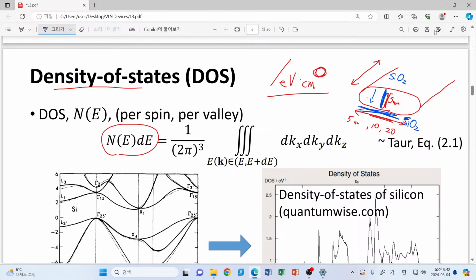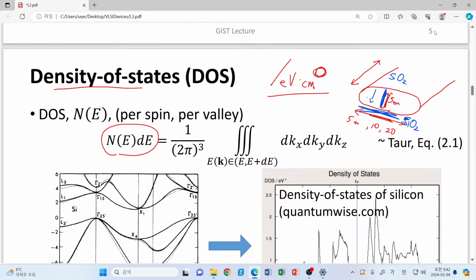So in current silicon manufacturing technology, we cannot expect this three-dimensional description. We have to consider that this is not exactly three-dimensional space, but only one direction, along the channel direction, is allowed, and along the other two directions our system is confined.